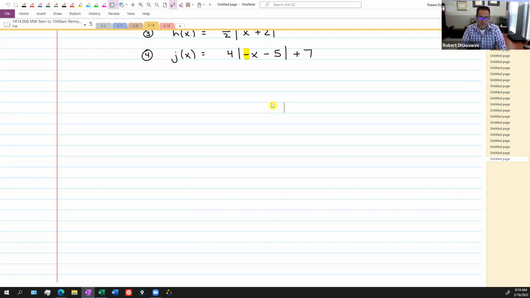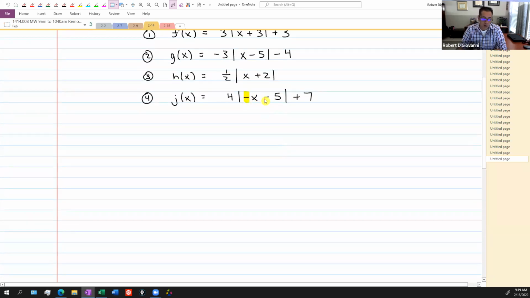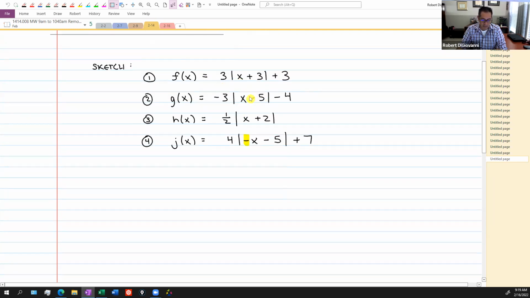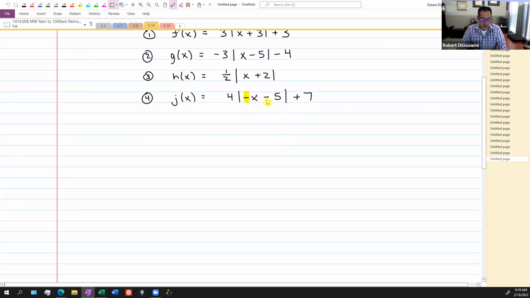So, all right, if we have a negative in front of X along with a number, then the process is a little different than all the others. What we do here is we first look at the -5 that's being subtracted from the X within the absolute value function.